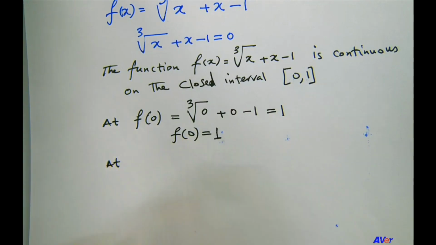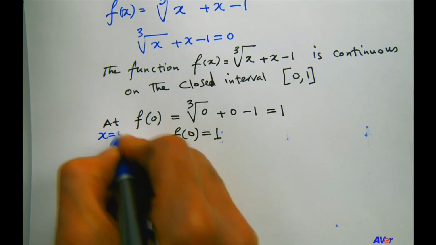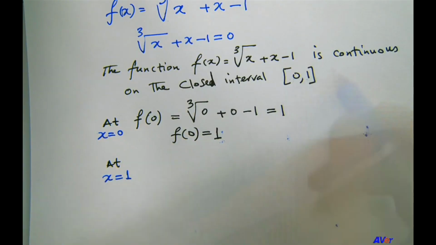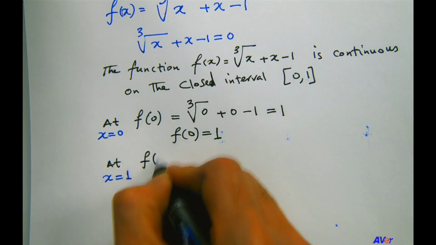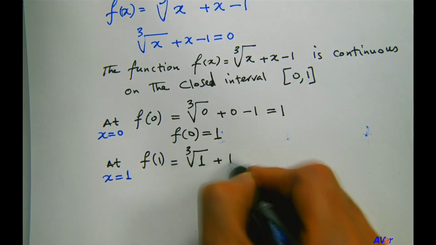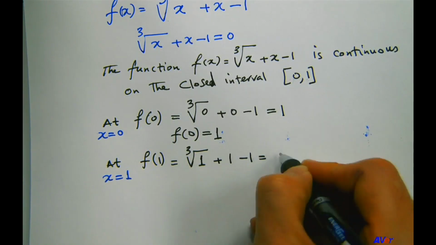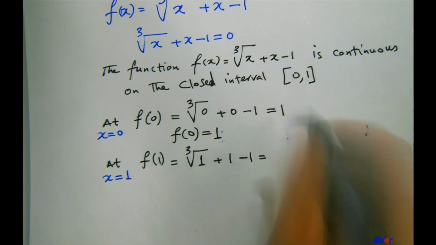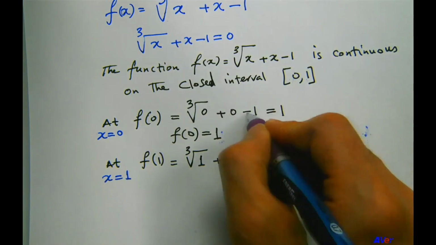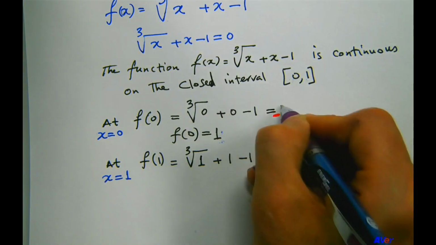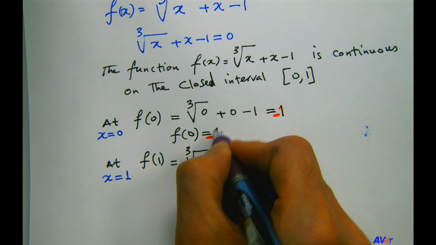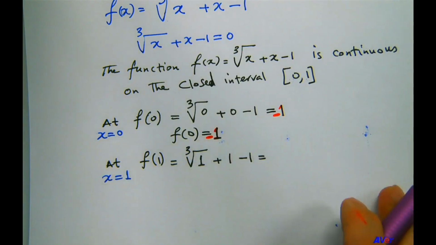And this was at x equals 0, so now at x equals 1, which is the other end of the interval, we have the value of the function at 1, third root of 1, plus 1, minus 1, and, oh, sorry, let me correct this, guys. I need to correct this. So this is not 1, but minus 1, right? So this is minus 1. Okay, so that's minus 1.